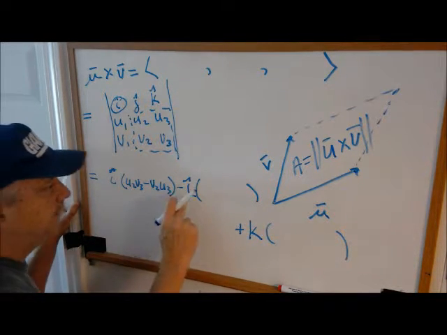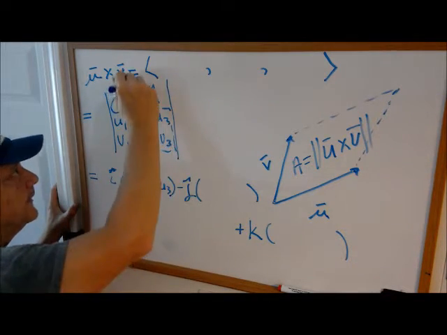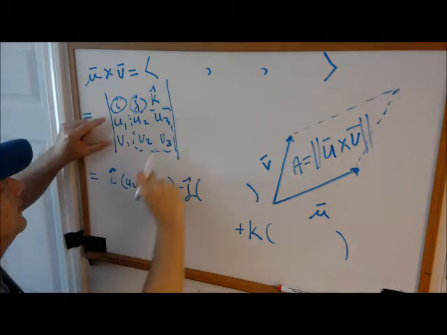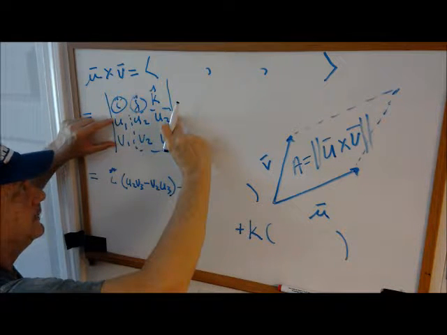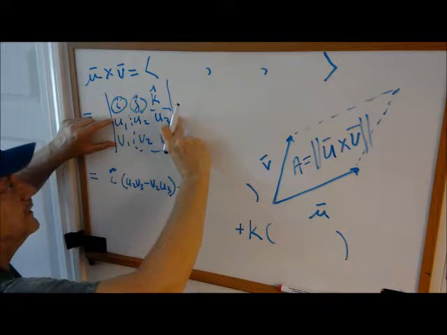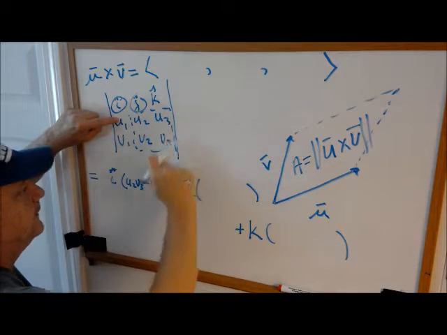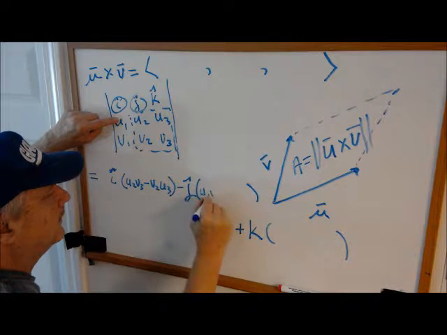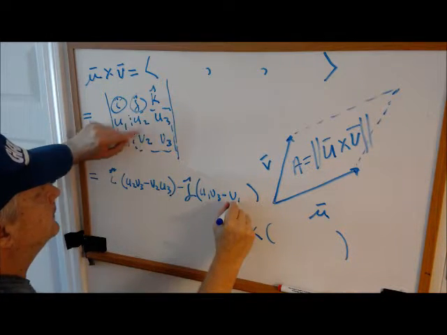Okay, so we have minus j. So again, we cross out the first row and the second column, and we're left with these four values, a 2x2 matrix, or sub-matrix, if you will. And we take the determinant, u1 v3 minus v1 u3.